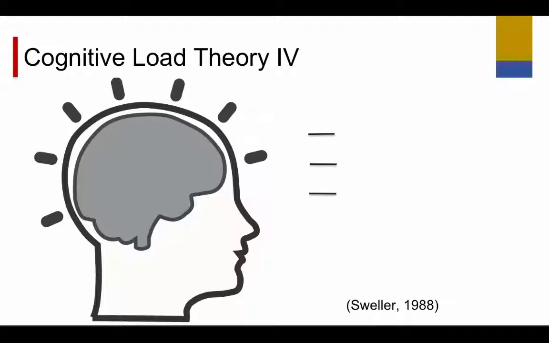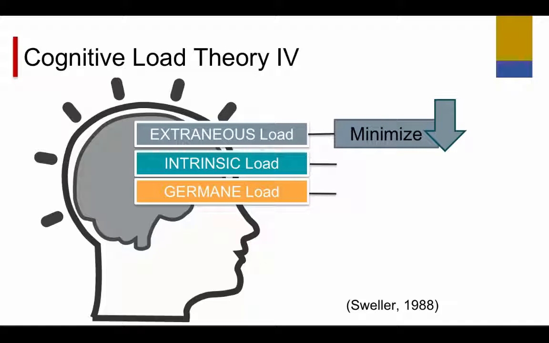So, in summary, cognitive load theory helps us to know how to teach more effectively. In any way of processing information, 3 different types of cognitive load are imposed. Since extraneous load is distraction, it should be minimized.